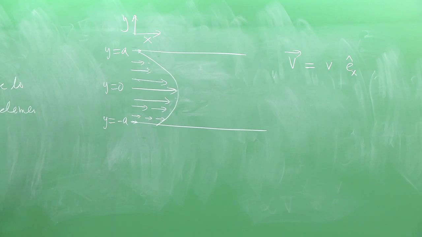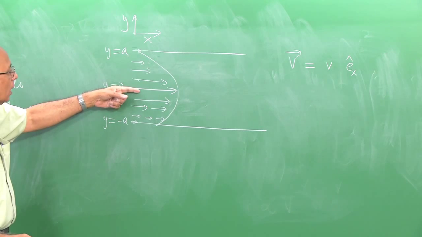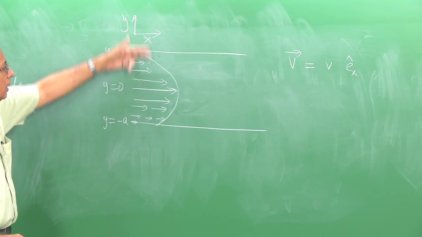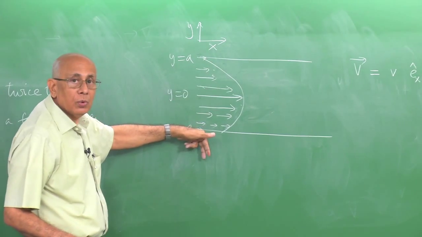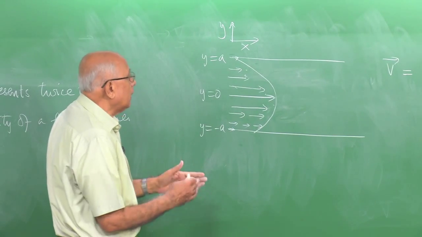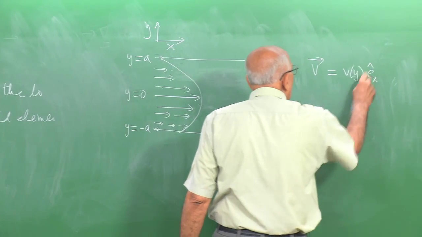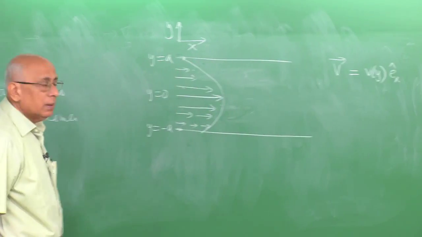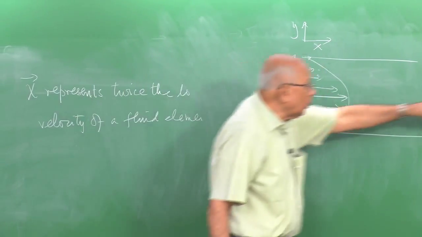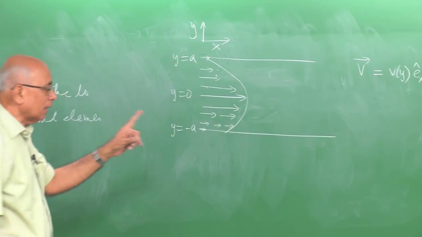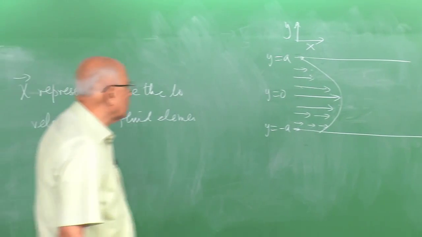And the speed is dependent on how far you are away from the center along the x axis. The further up or down you go in the y direction, the speed decreases. So this v is a function of y alone, and it has an x component of the velocity which is dependent on y, and therefore you can see that the curl is not going to be 0 in this problem.